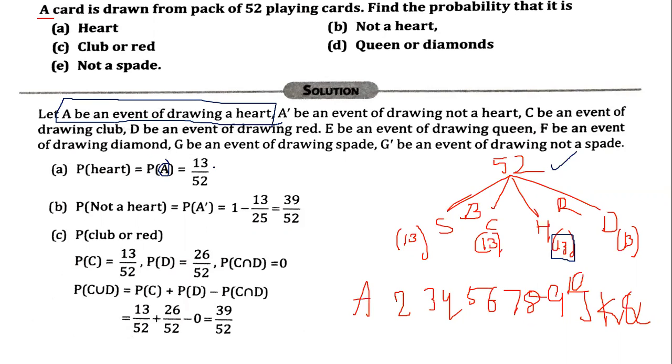So the total possibility of selecting one heart card out of 52 playing cards is 13 by 52. That is the first event of drawing a heart card.